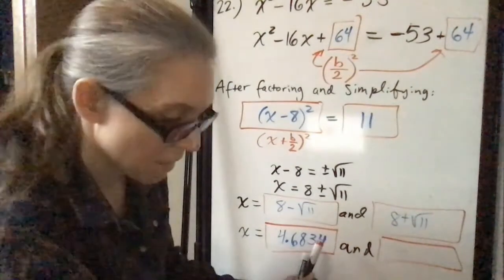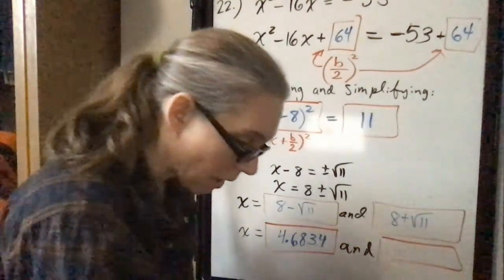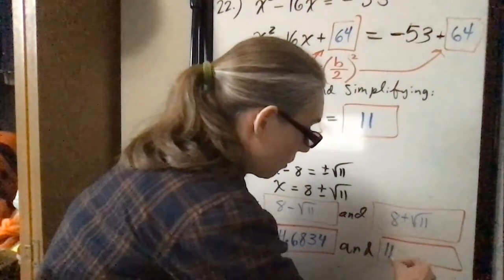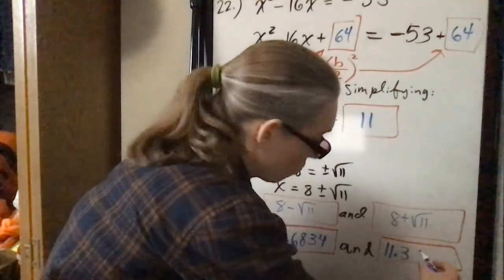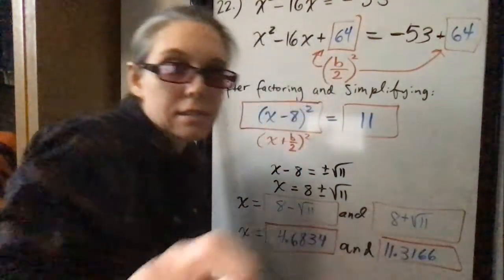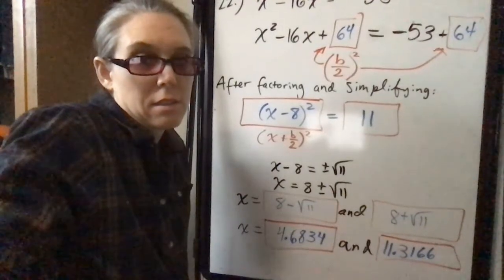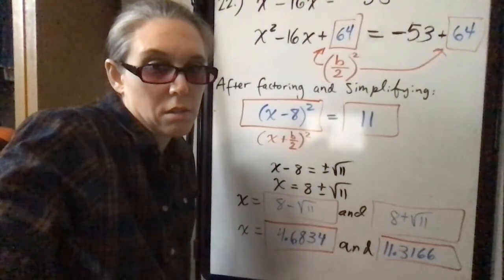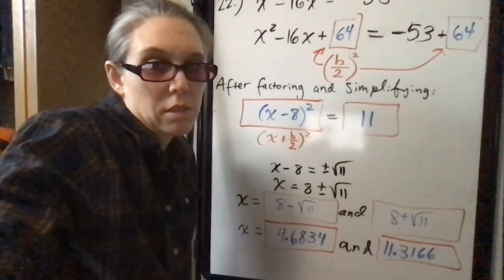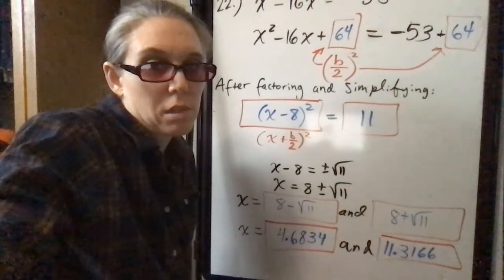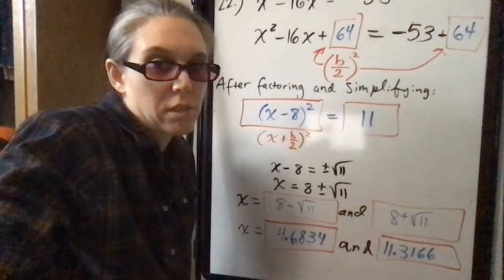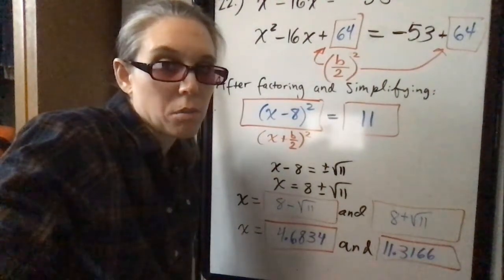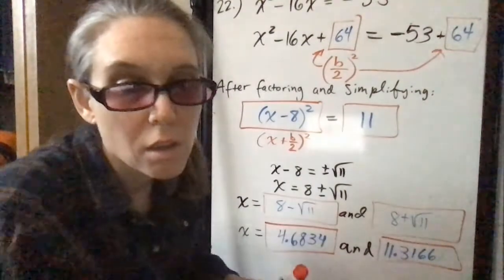That's the 10 thousandths place. 8 plus root 11 is going to be 11.3166. Okay, so let me just make sure that I have these. So you got 8 minus root 11 and 8 plus root 11, so that's 4.6834 and 11.3166.